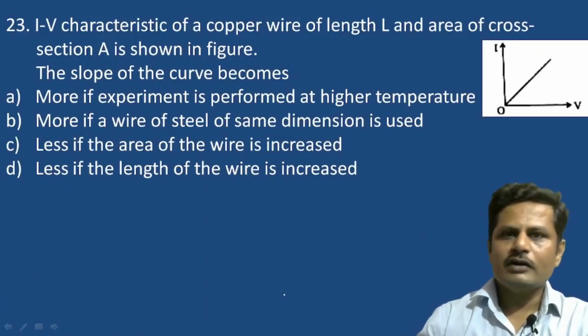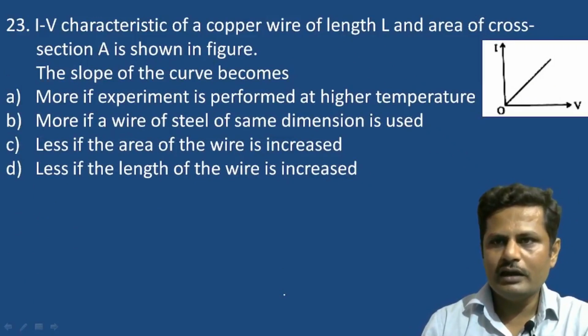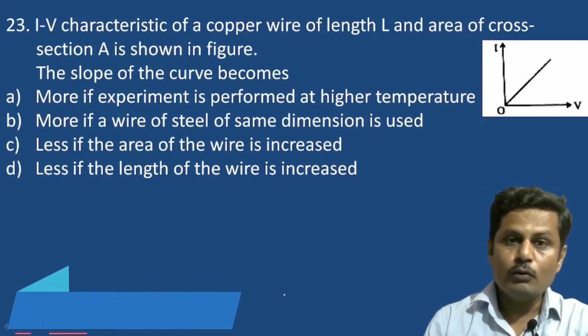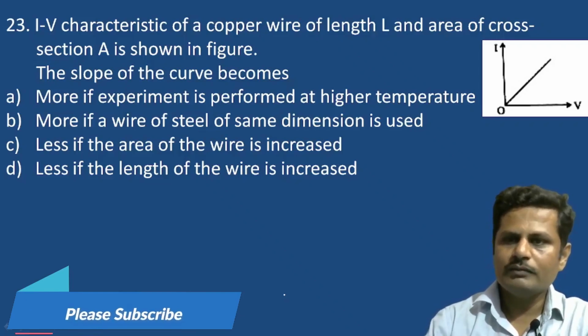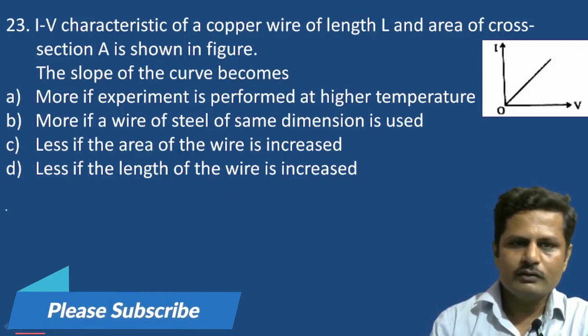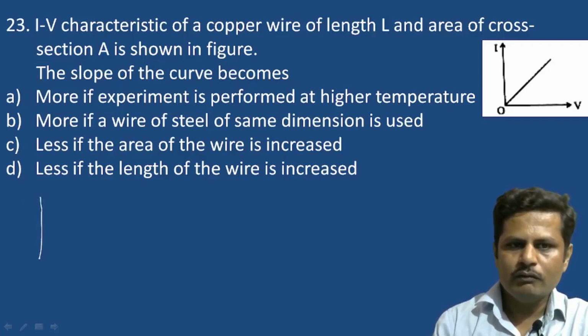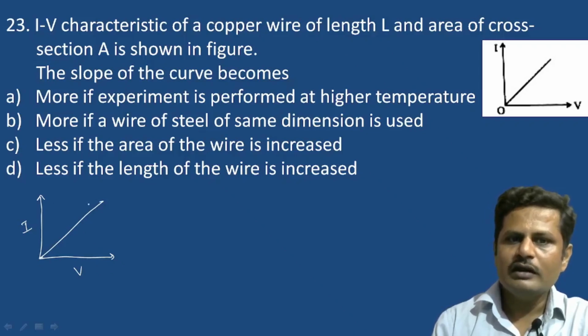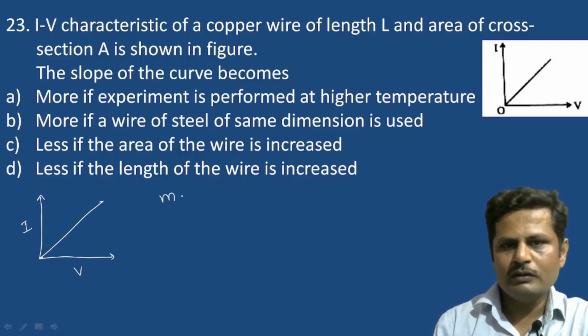IV characteristics of a copper wire of length L and area of cross section A is shown in the figure. The slope of the curve becomes, see here, we know that when we consider the V and I here, the slope is nothing but the change along the y axis to the change along the x axis. What parameter have we taken along the y axis?